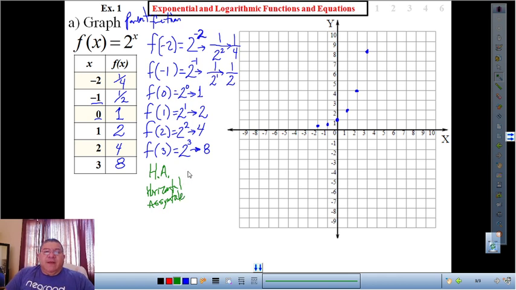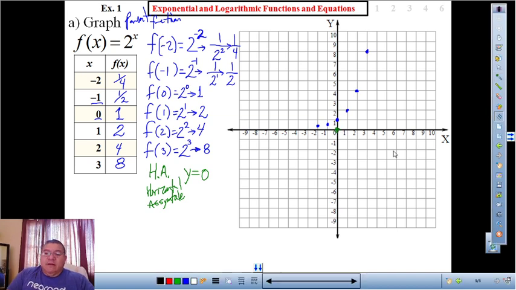So I'm going to write what? Y equals. So question, is there a constant after the 2 to the x power? No. If there isn't, then what would be my horizontal asymptote? Yeah, 0. So I plot that here.